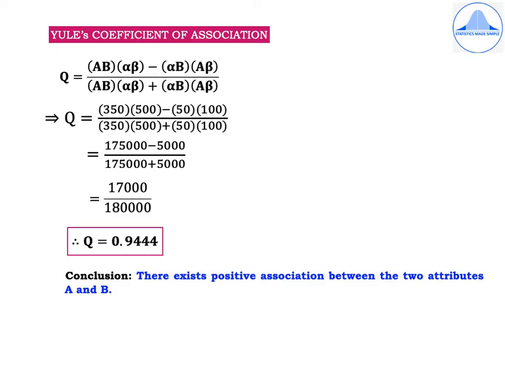Therefore, Q is equal to 0.9444. The conclusion: there exists positive association between the two attributes A and B.